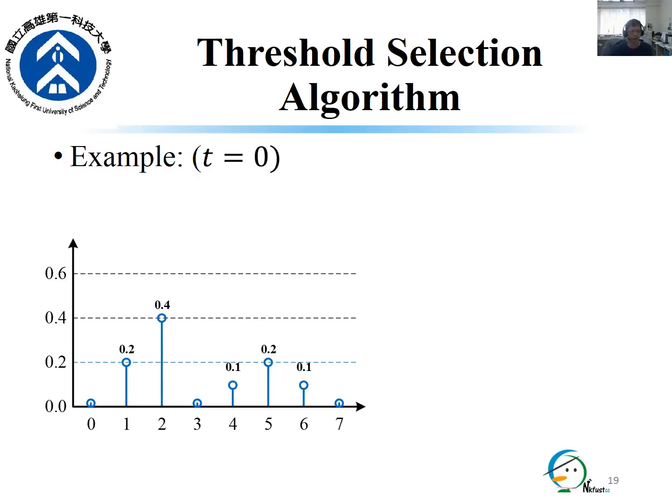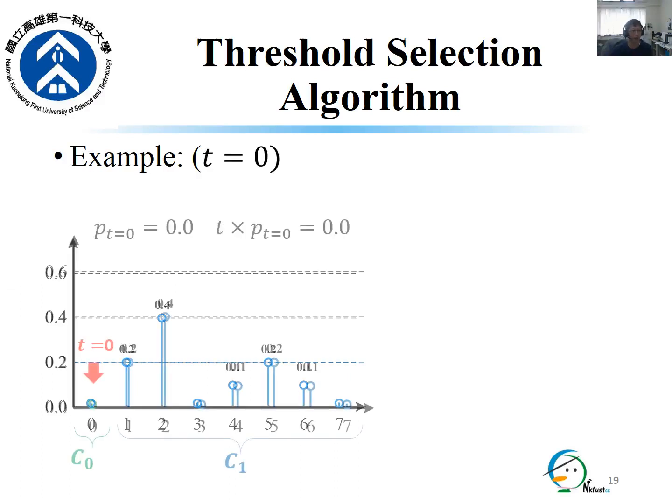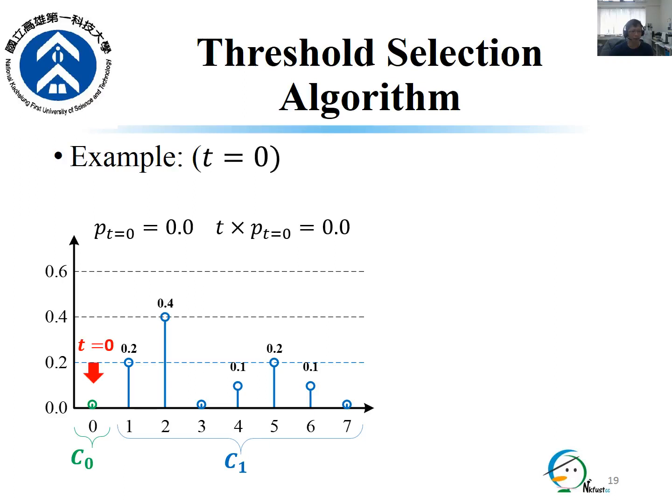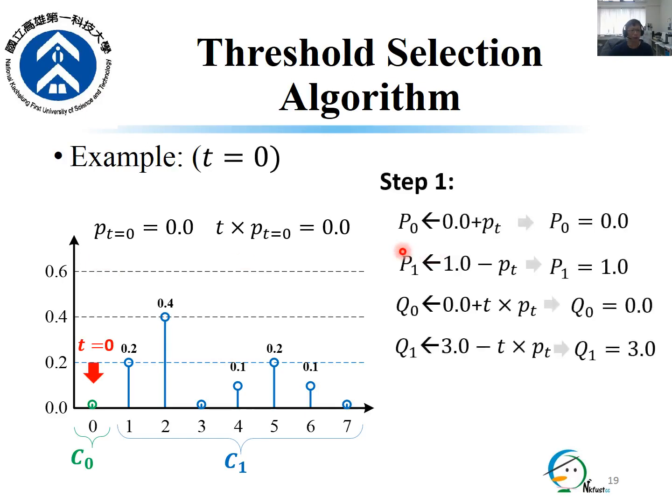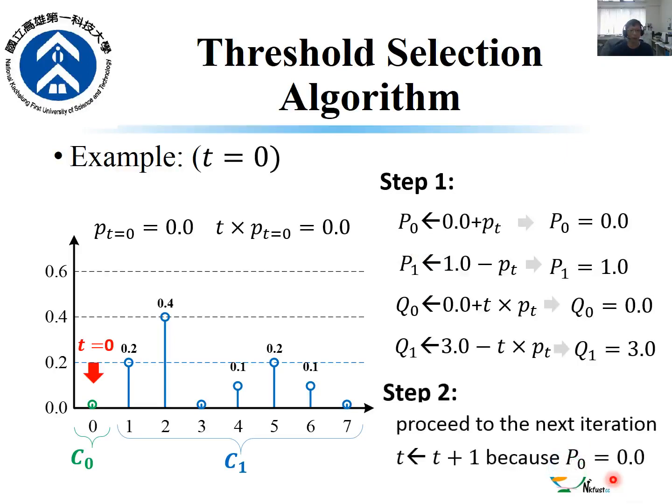At iteration 0, we move the pixels with grade level 0 from class 1 to class 0. Since little p0 is 0.0, these 4 statistical terms remain at their initial values after step 1. Hence, we proceed to the next iteration because class 0 is empty, that is, p0 is 0.0.